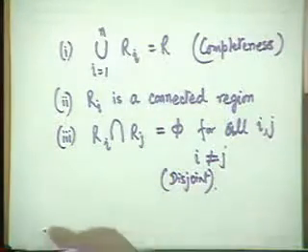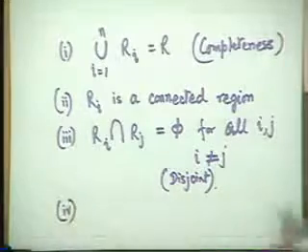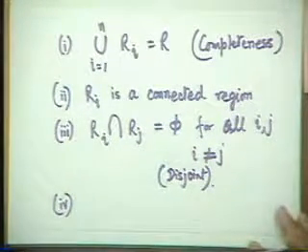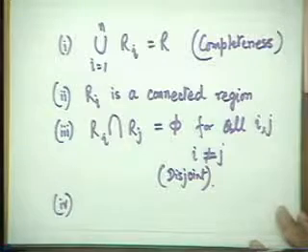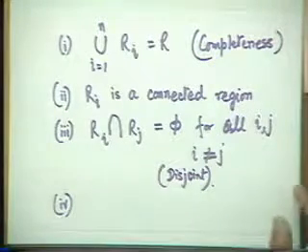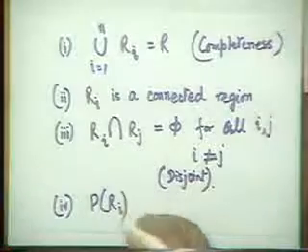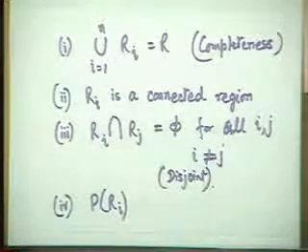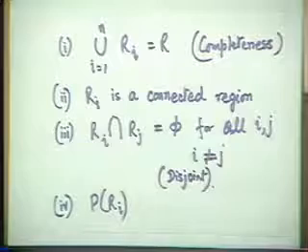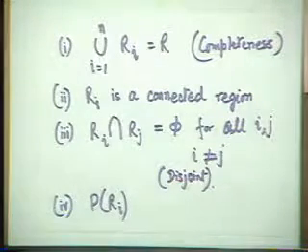The fourth property is that we must define a similarity property for the pixels, because after all, the extraction of regions should be based on some similarity property of the pixels belonging to that region. Let us call that property P, defined over the region Ri. This property should be true for all the pixels within that particular region.